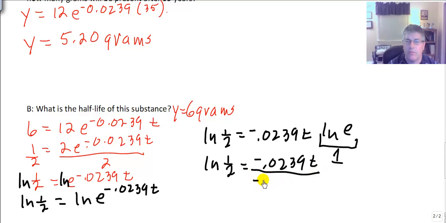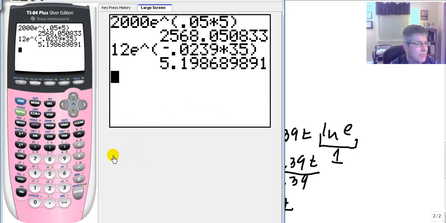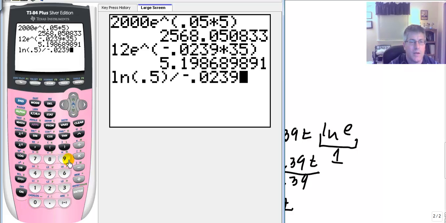We divide both sides by negative 0.0239. And we'll get t equals, put this back into our calculator, the natural log of 1/2 all divided by negative 0.0239.